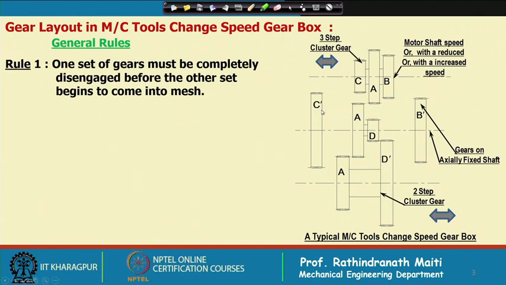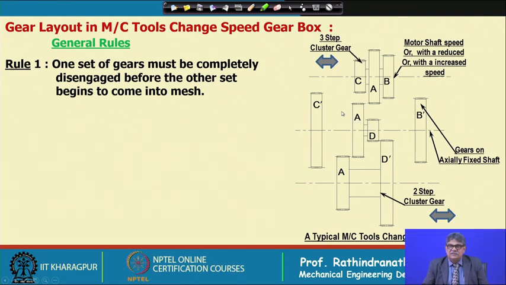So, this means that the space shown between A and C dash has to be sufficient so that they are disengaged. Usually, when both are disengaged, perhaps a 10 millimeter gap on both sides will do.